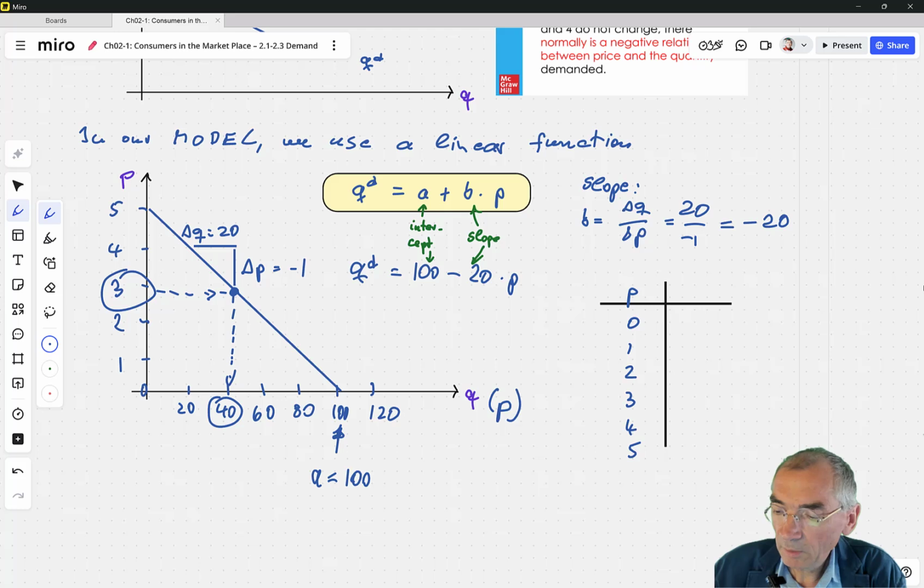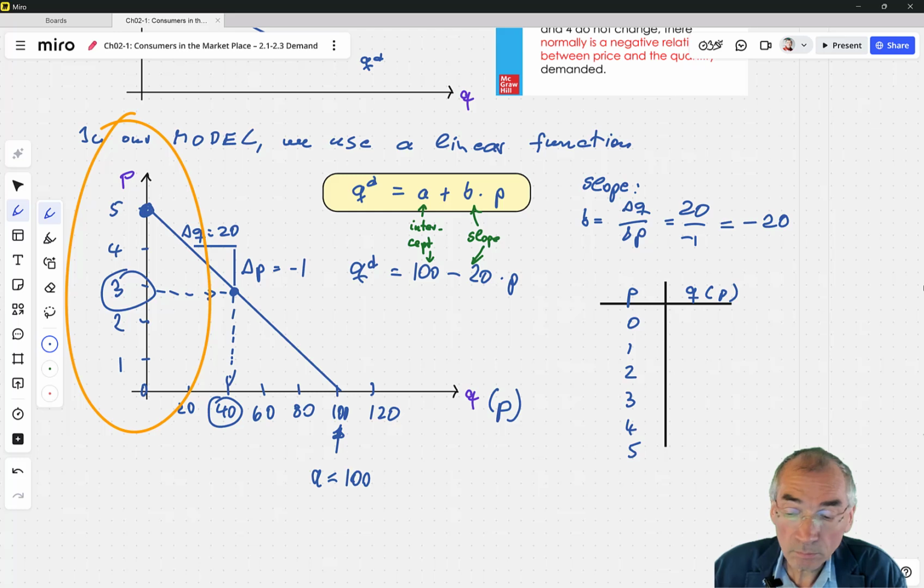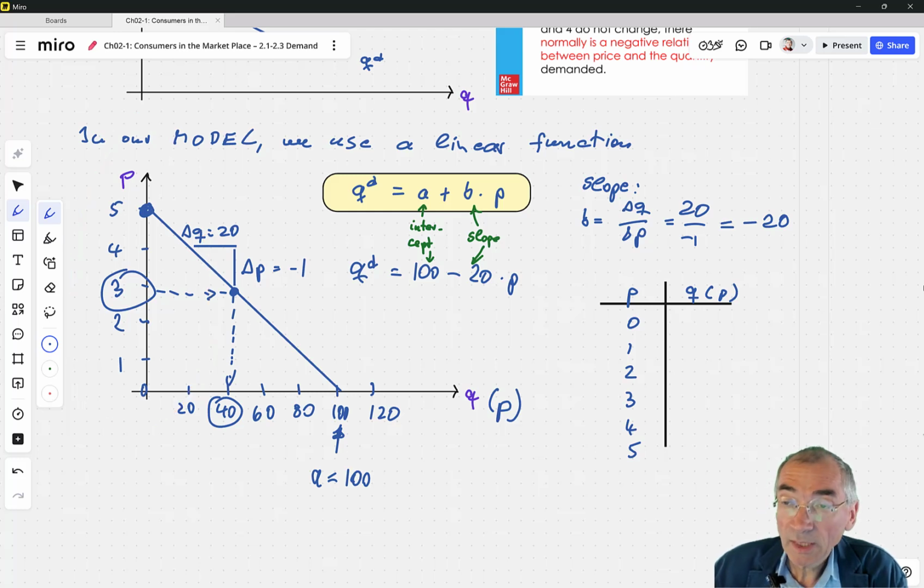So put the independent variable, the price, to the left, which can take the values that we see here, 0, 1, 2, 3, 4, and 5. Then the respective values of Q, which are a function of P, which depend on P.